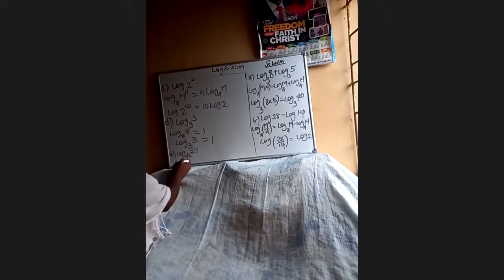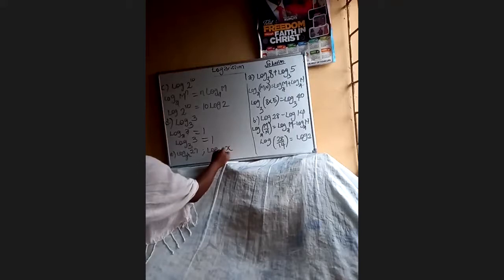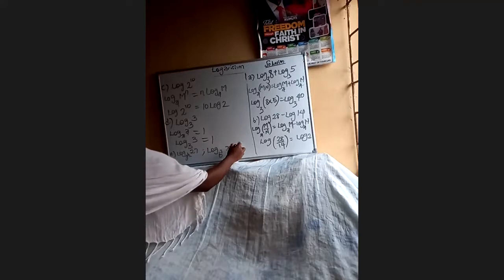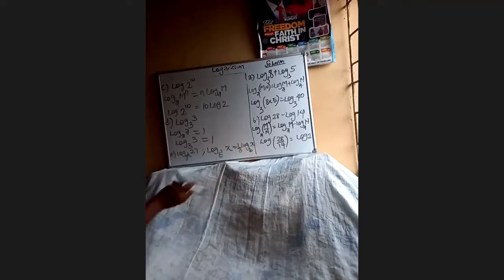The rule states that logarithm of x to the base of b raised to power 3 is equal to 1 over 3 logarithm of x to the base of b.